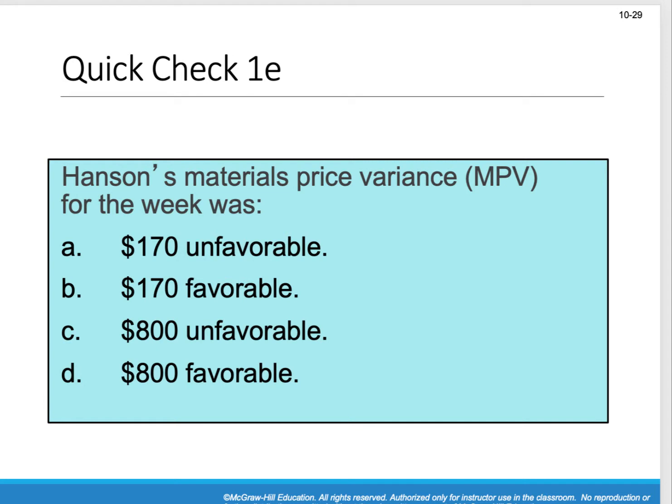So let's look at it this way. What is the actual quantity? Well, the actual quantity we already calculated was 1,700 pounds times the difference in the price, right? The standard price we know should be $4.